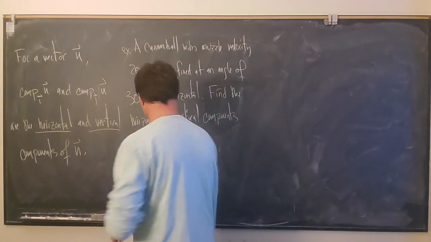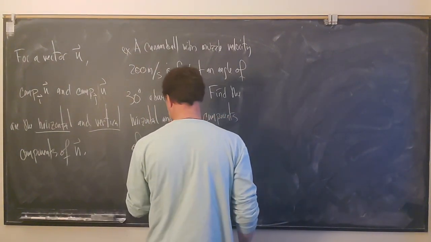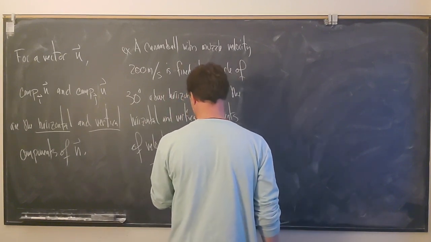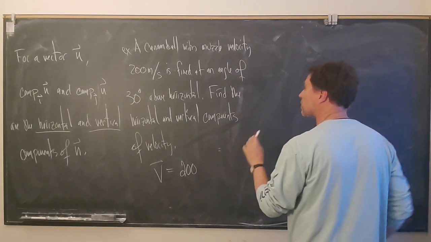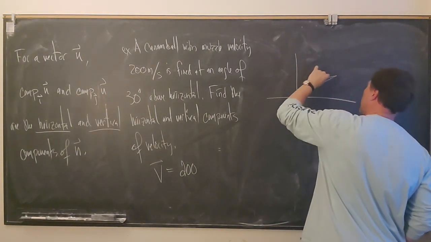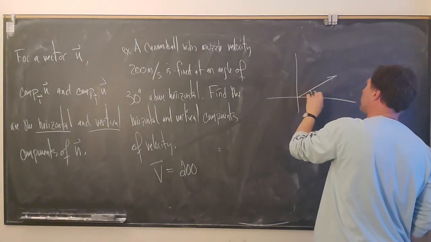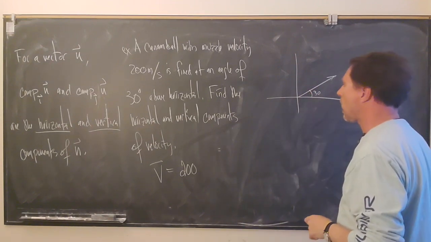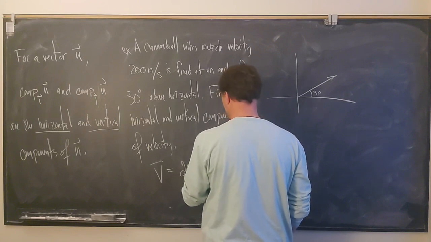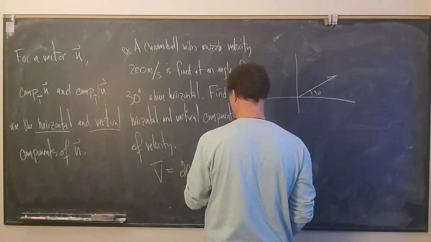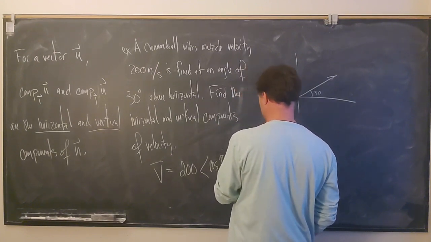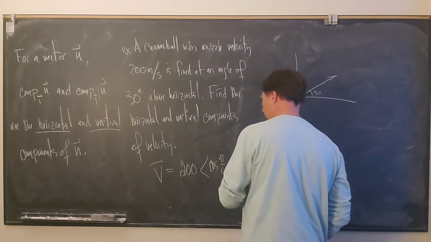So our velocity at exit, our muzzle velocity v, is going to be 200 times, okay, so there's the initial velocity, and then imagine this, we're firing the cannon like that, there's an angle of 30 degrees, and so it's going to be 200 times the vector cosine of 30, which is pi over 6, comma, sine pi over 6.